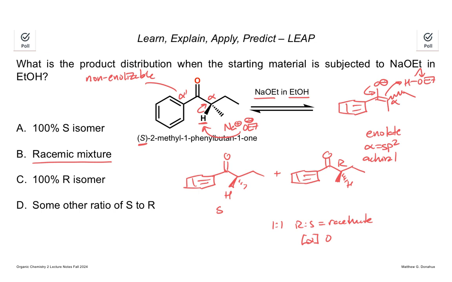So again, why would that be important? Say Pfizer is developing this drug where the alpha carbon is a stereocenter, but then it's metabolized to form this racemic thing there.